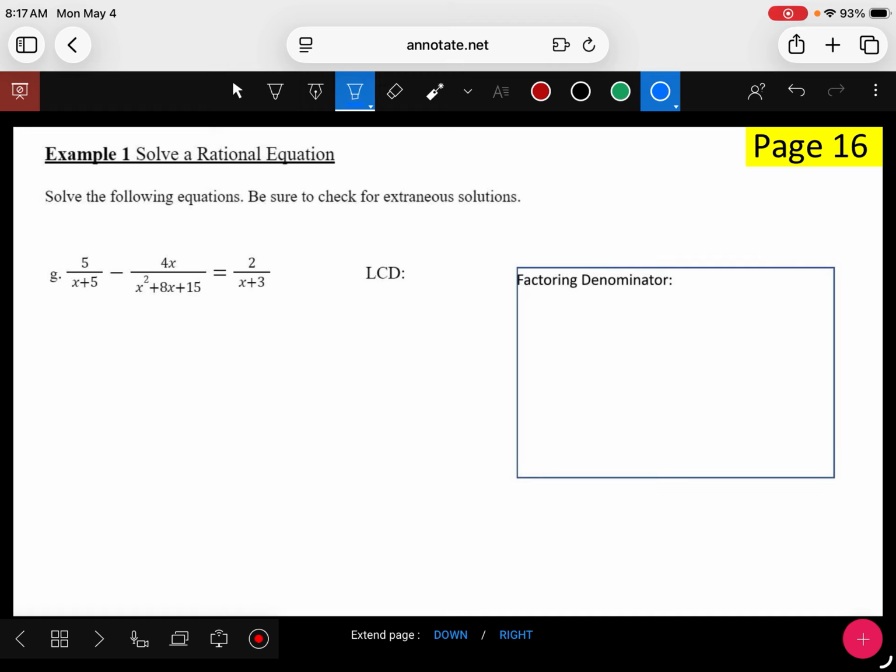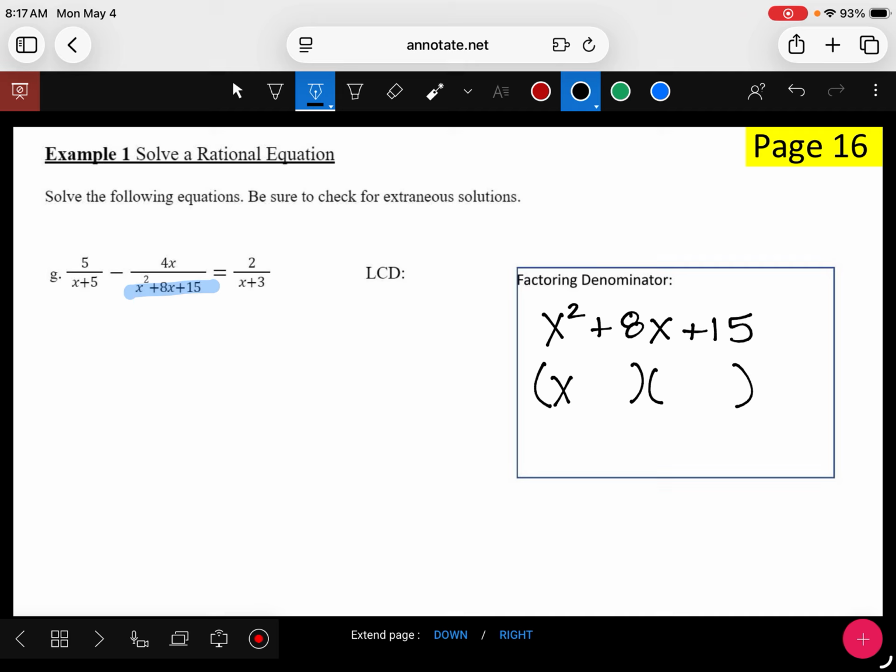First thing first, you have a denominator that needs to factor. So go ahead and take a moment and factor that down. Two numbers that multiply to 15 and add to 8.